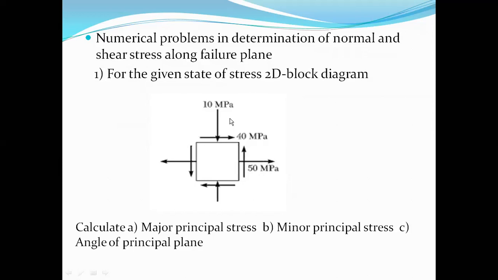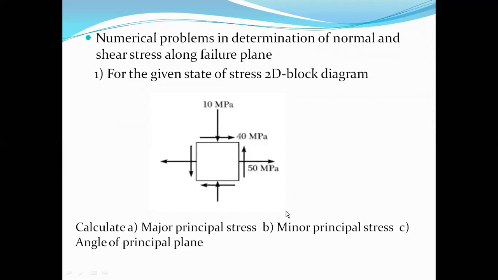Now here, the 10 megapascal, which is vertical, is compressive, whereas along the horizontal direction the stress is tensile in nature. So what is the sign convention that we follow in computation of the major and minor principal stresses?